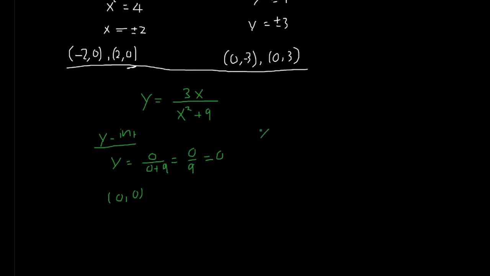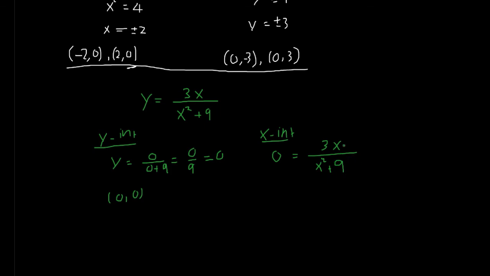Now go to the x-intercept. How do we find the x-intercept? Use y equal 0. Then you have 3x divided by x to power 2 plus 9. So how do we solve this equation for x?